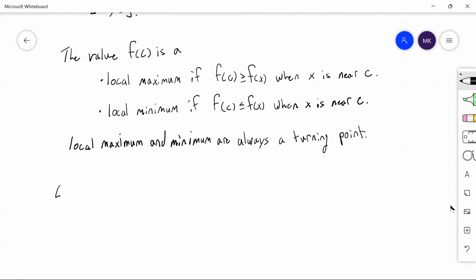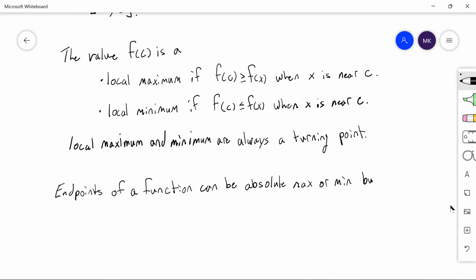So let's put that in writing. Endpoints of a function can be absolute max or min, but not local.